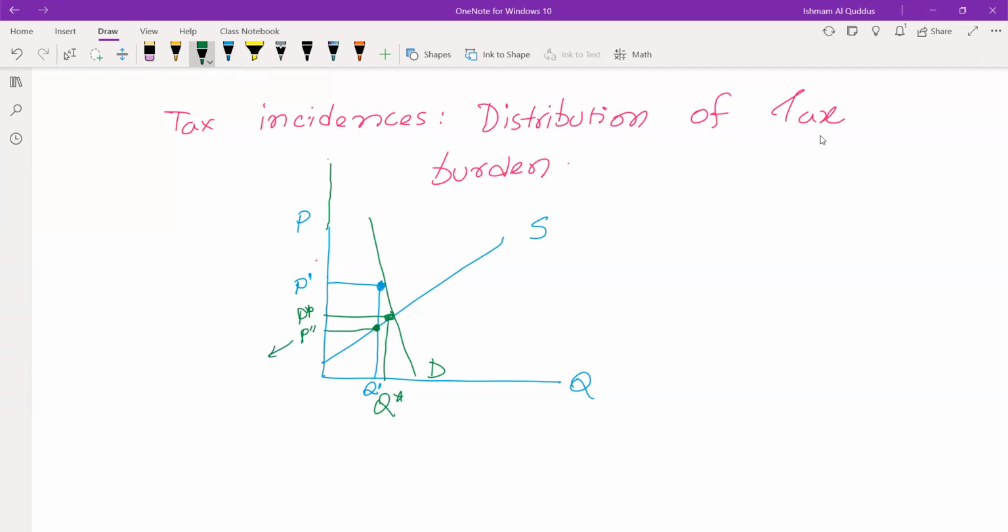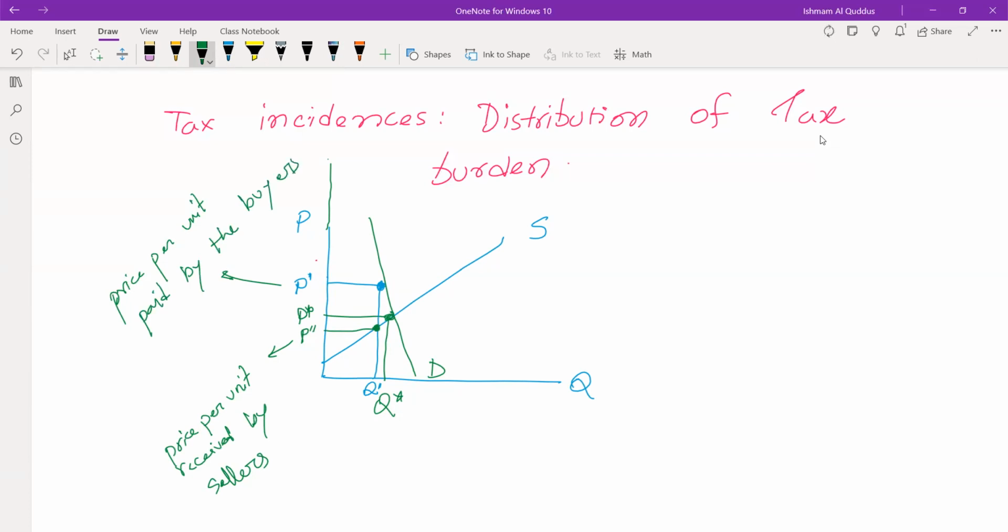So this is the price per unit received by the sellers, and this is the price per unit paid by the buyers. All right.